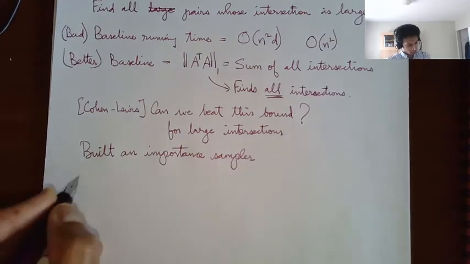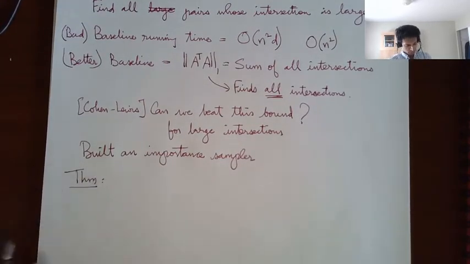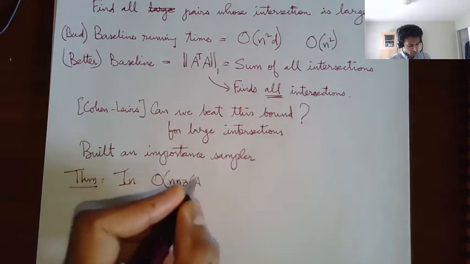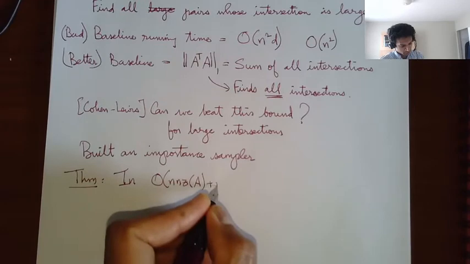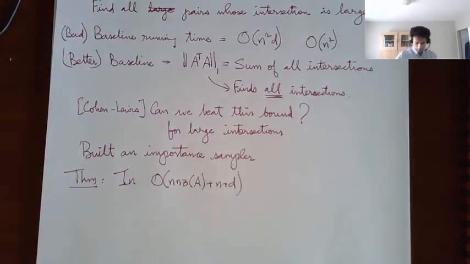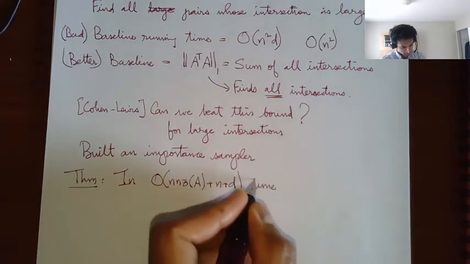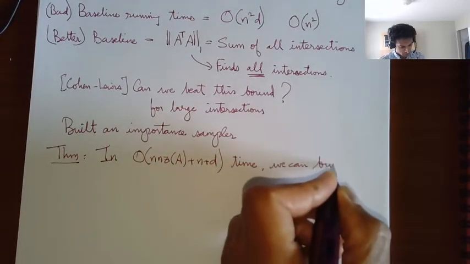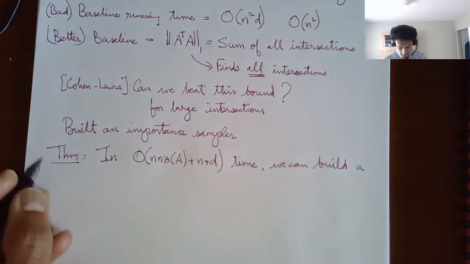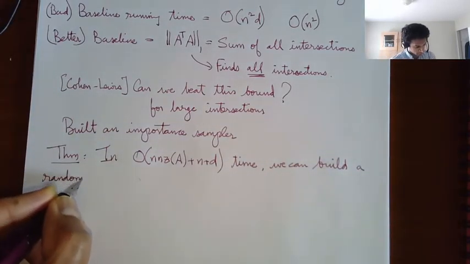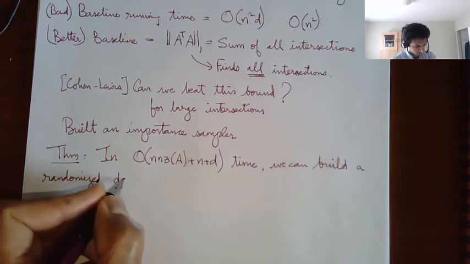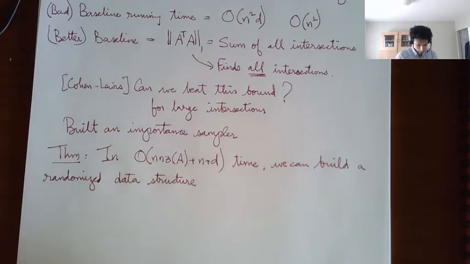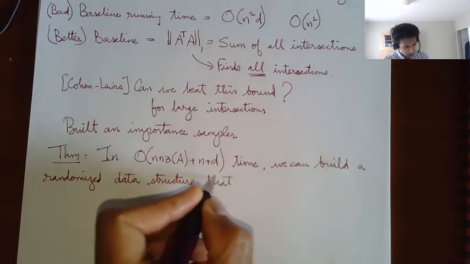So the main theorem of Cohen-Lewis is that in O of number of non-zeros of A plus n plus d time, we can build a randomized data structure that outputs.